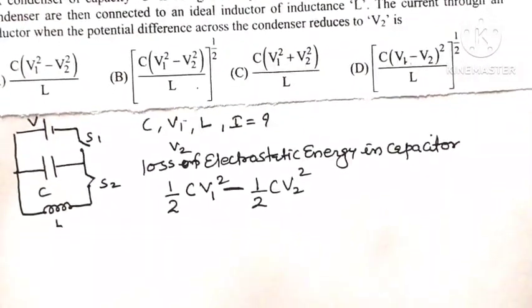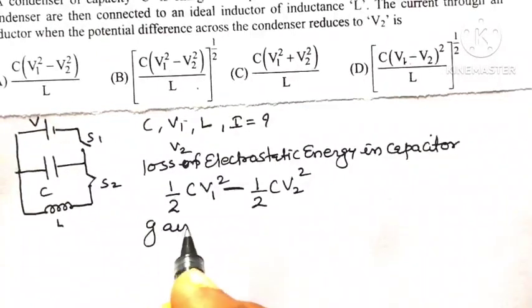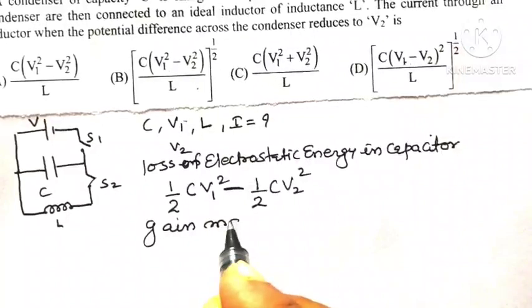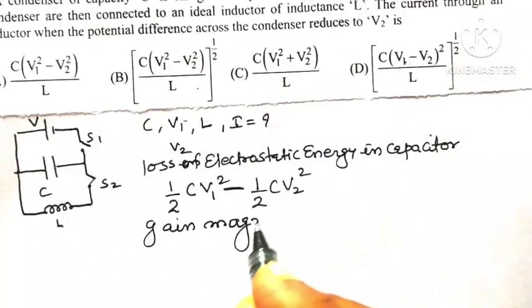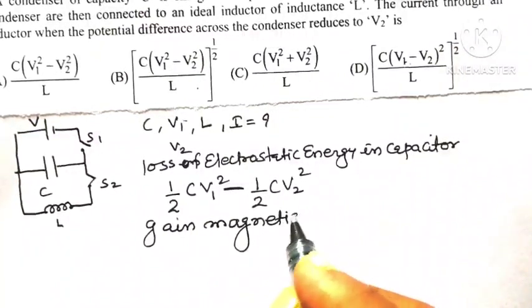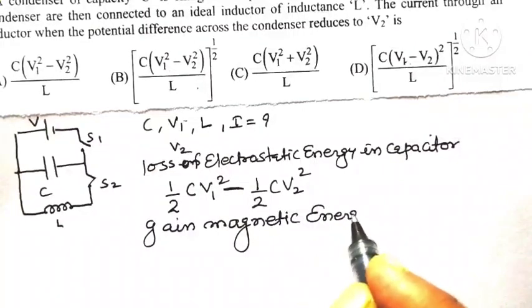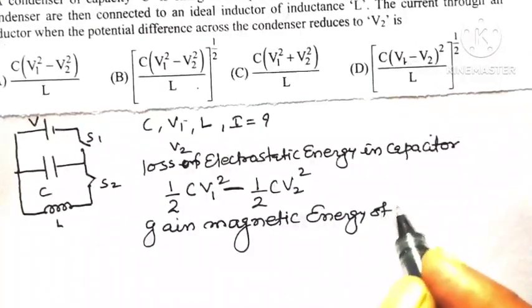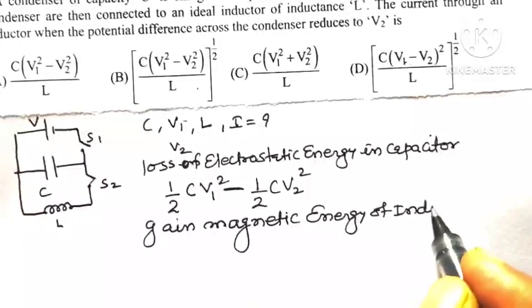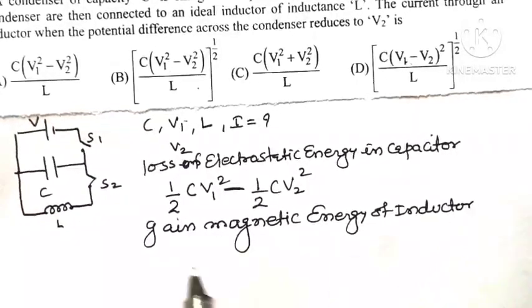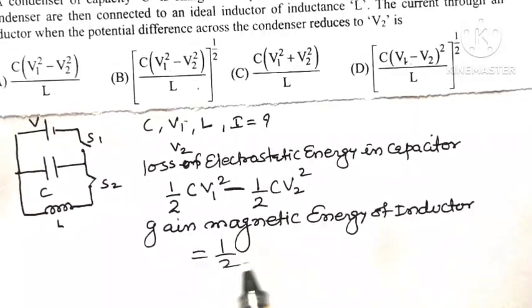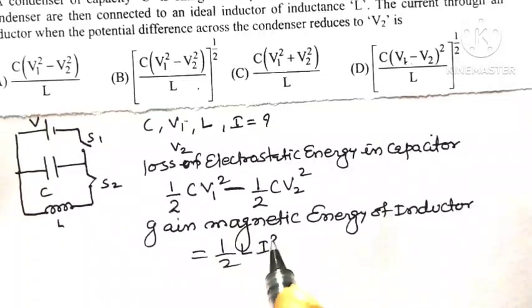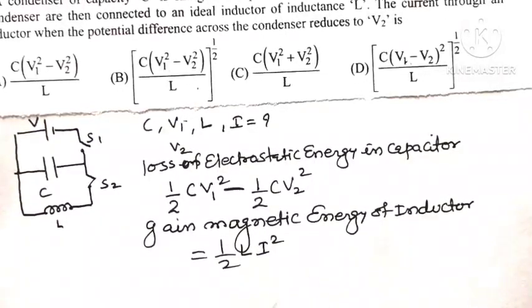Now at the same time, this inductor will gain magnetic energy. And what is the gain in magnetic energy of the inductor? It is equal to half of inductance L into the square of the current flowing through that inductor.